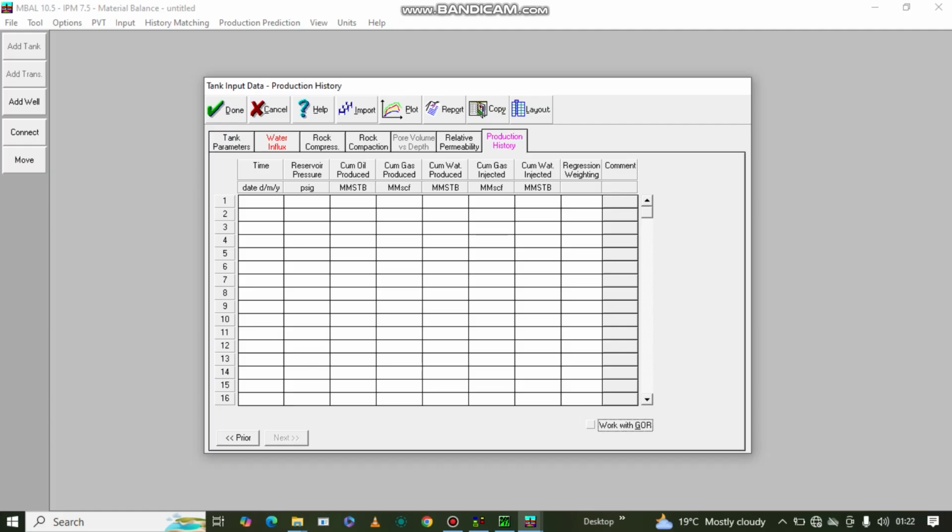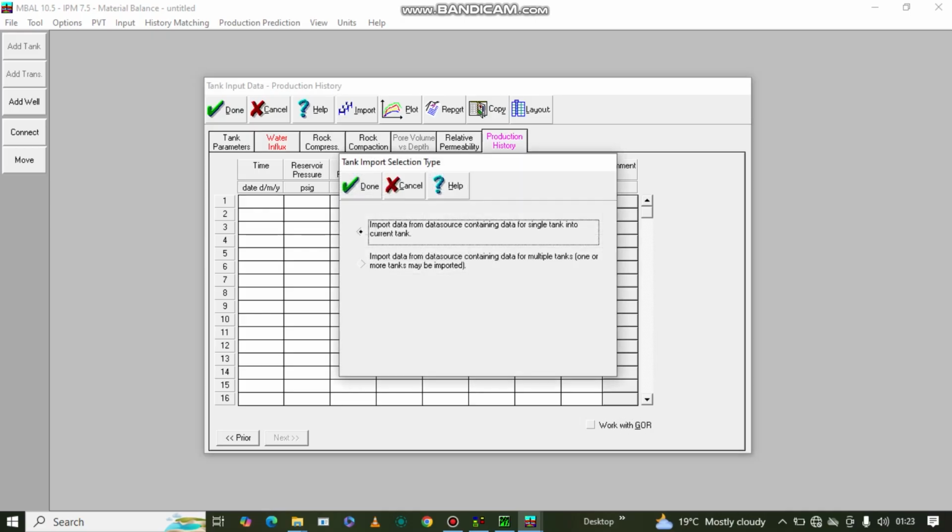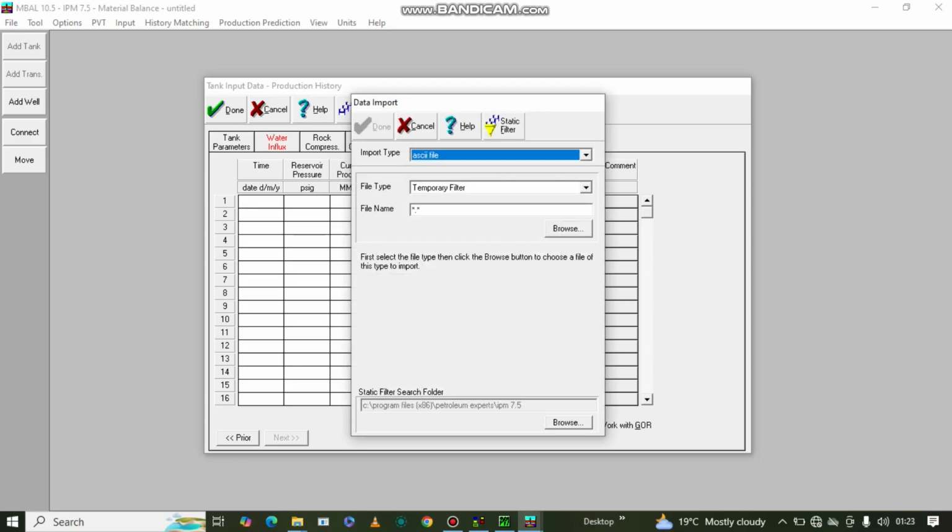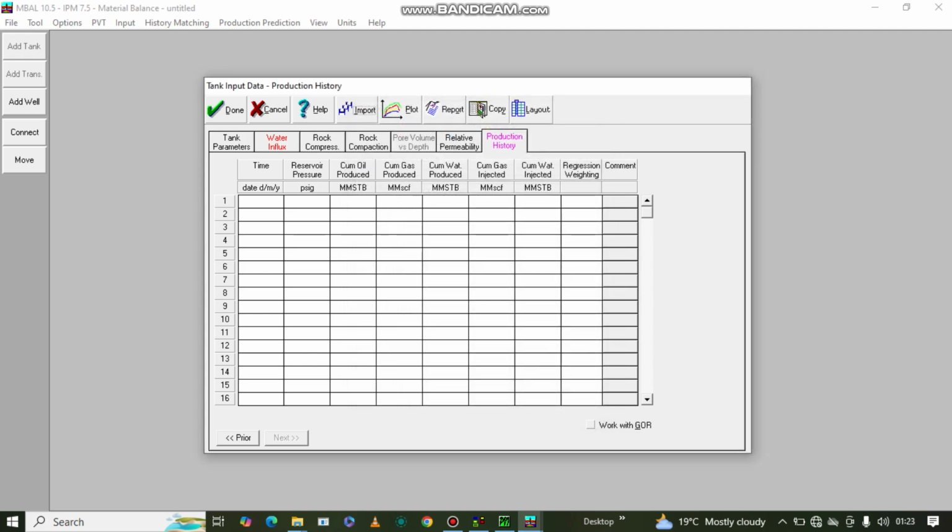So we are going to leave this part for the start, and if you want, you can import the production history of a certain field or for your research. But for purposes of learning, because I can't share my data here at the moment, I'm not going to import any work. I have quite a number of them on my computer, but I'll leave it at that.